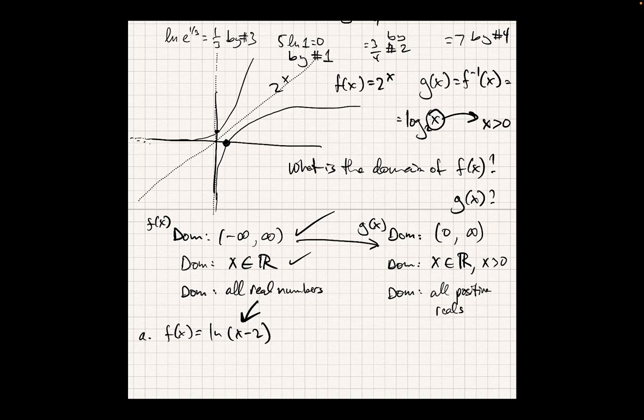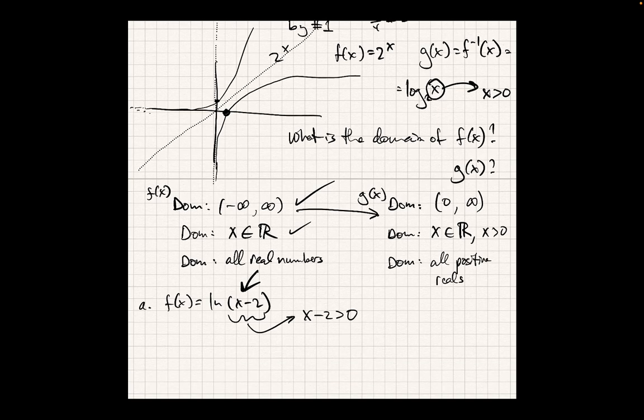We can do that here and say this thing must be greater than 0, then do algebra on it. How do I get x by itself? Add 2 to both sides, and that's my domain.